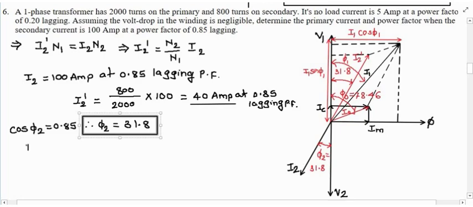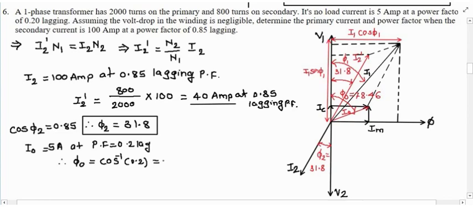Then again students, I0 is given to you. What is I0? It is 5 ampere at a power factor of 0.2 lag. Therefore I can find out phi 0, which is cos inverse of 0.2.